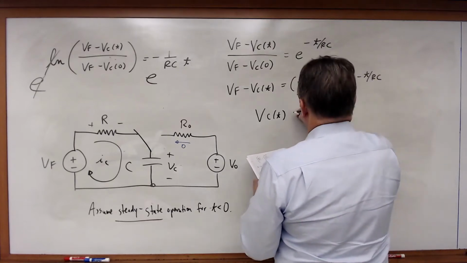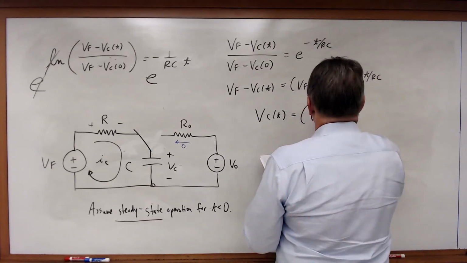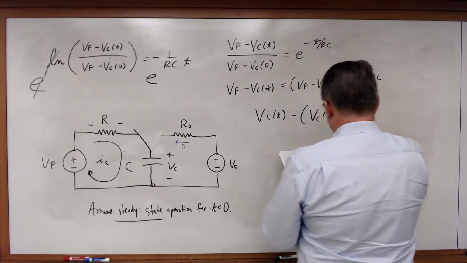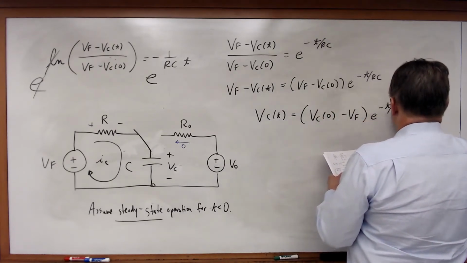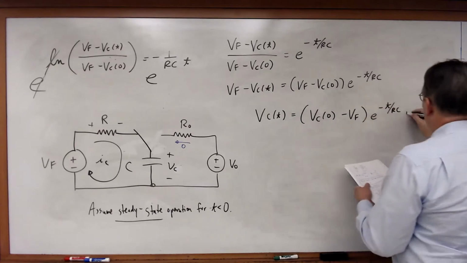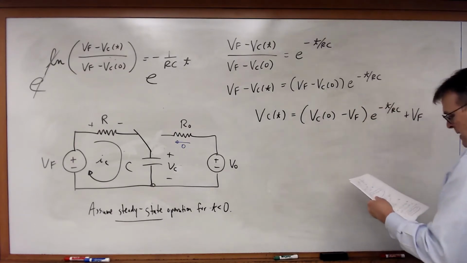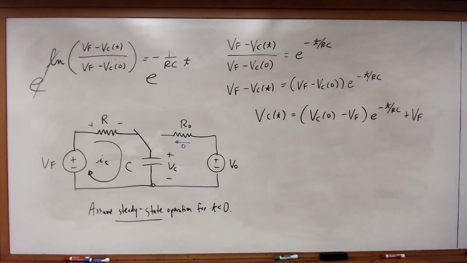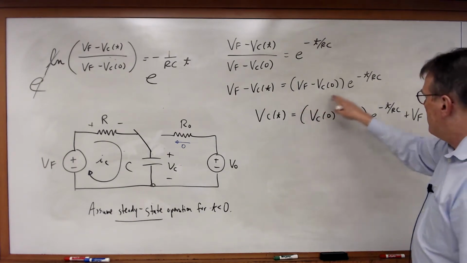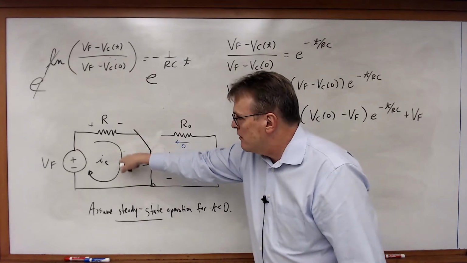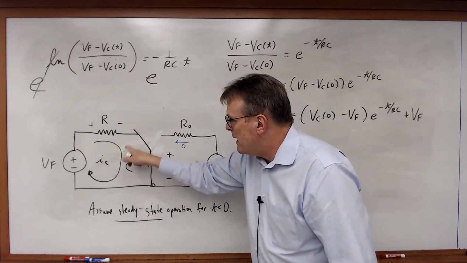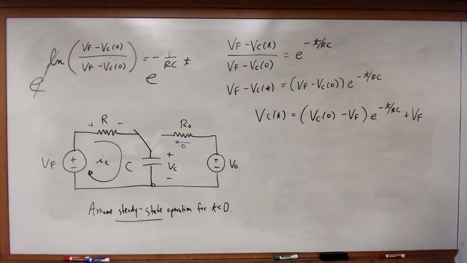So what I get is Vc of t is equal to Vc of 0 minus Vf times e to the minus t over Rc plus Vf. So here's our equation now. We've solved the differential equation that describes the voltage across the capacitor for t greater than 0.